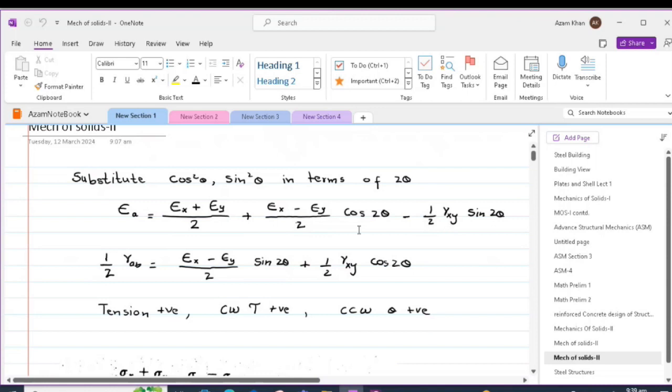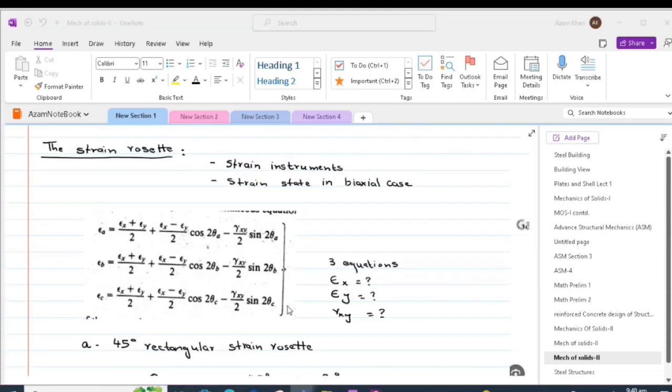By substituting these three strains in the first expression, we can work out our strain X, strain Y, and gamma XY. The strains are measured at known thetas. So this is what has been done over here.